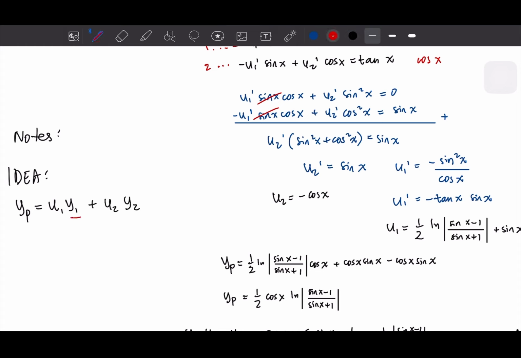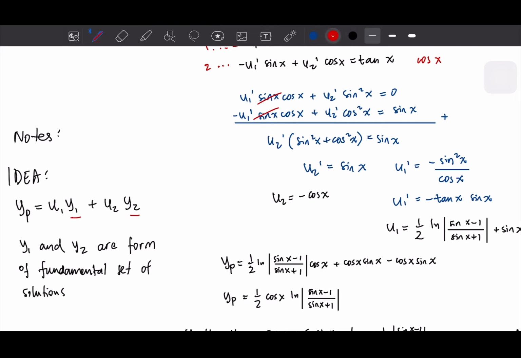And y1 and y2 are the form of the solutions from the homogeneous equation, the form of the fundamental set of solutions.